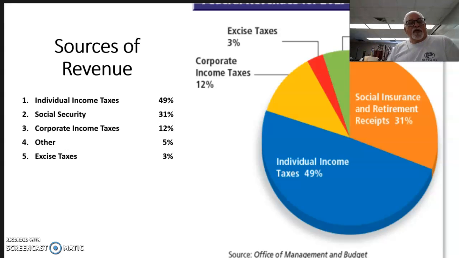And this gives a good breakdown of sources of revenue. You can see here, most comes from individual income taxes, social insurance and retirement receipts, 31%, corporate income taxes, about 12%, and then excise taxes, about 3%, and other taxes, about 3%.